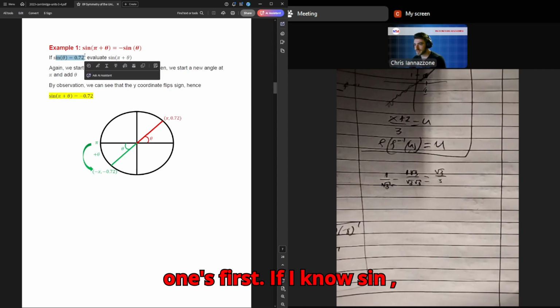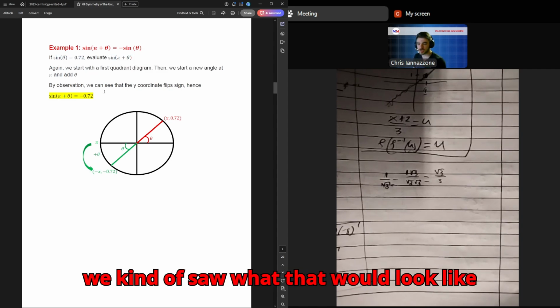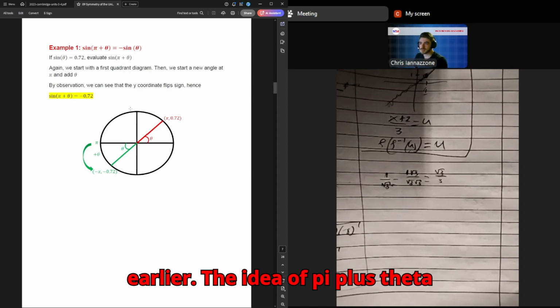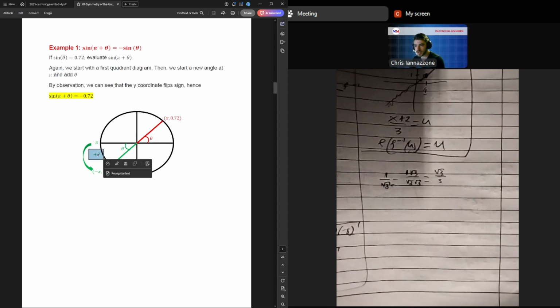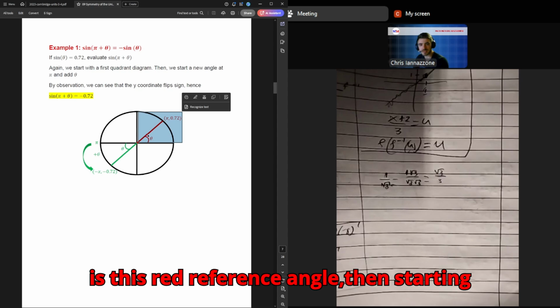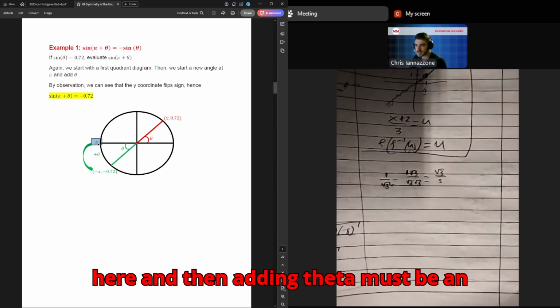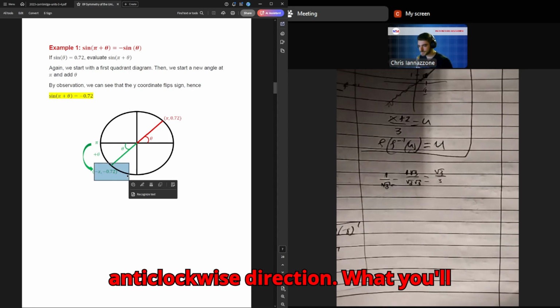If I know sine theta, what is sine of pi plus theta? Well, we kind of saw what that would look like earlier. The idea of pi plus theta simply means that you start at pi and you add whatever theta is. So if theta is this red reference angle, then starting here and then adding theta must be an equal and opposite angle in that anticlockwise direction.